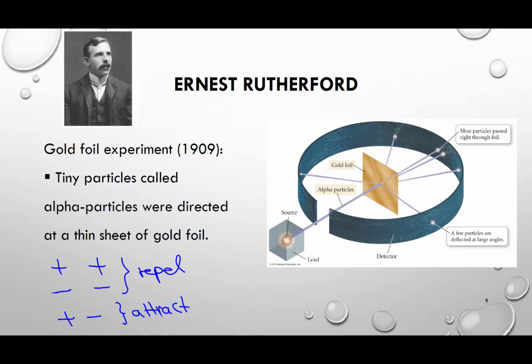Some of these alpha particles hit the center of the atom, where we have the positive charges. That's why those that hit the center of the atom bounce back. But those that went through the sphere outside the nucleus just went through the foil. That's exactly what's happening.